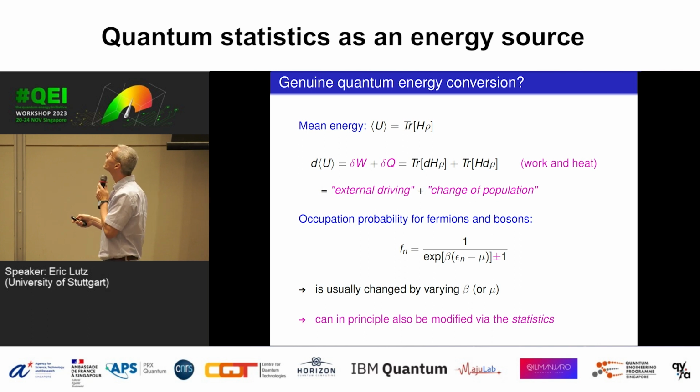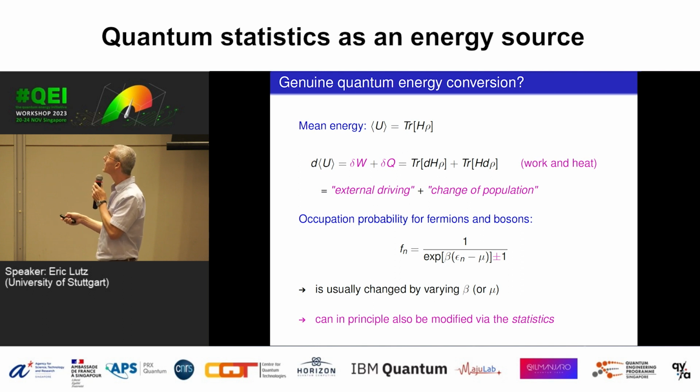Then this change of energy can be split into two contributions. The first one is usually called work, the second one is usually called heat. The work part is connected to a change of the Hamiltonian, which is typically what happens if you change some external parameter of the system, you drive it externally, while the heat is related to a change of the state, a change of the population.